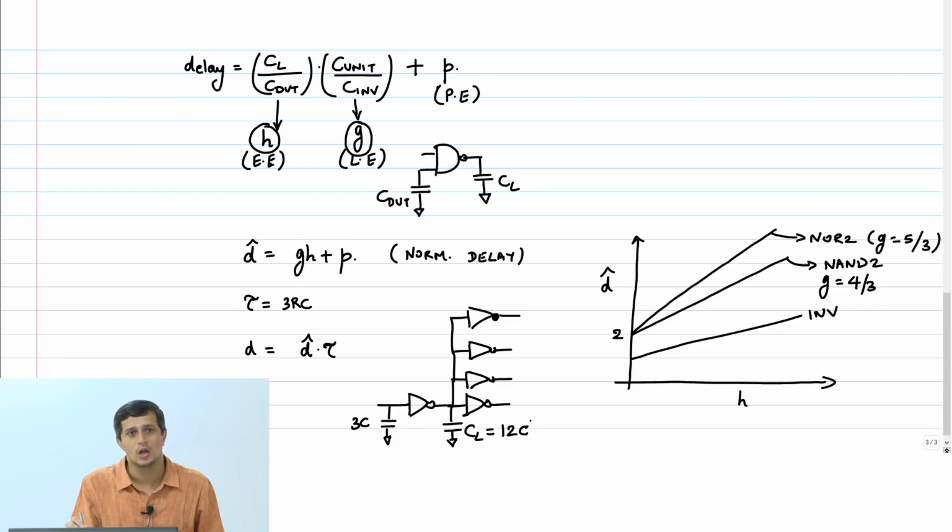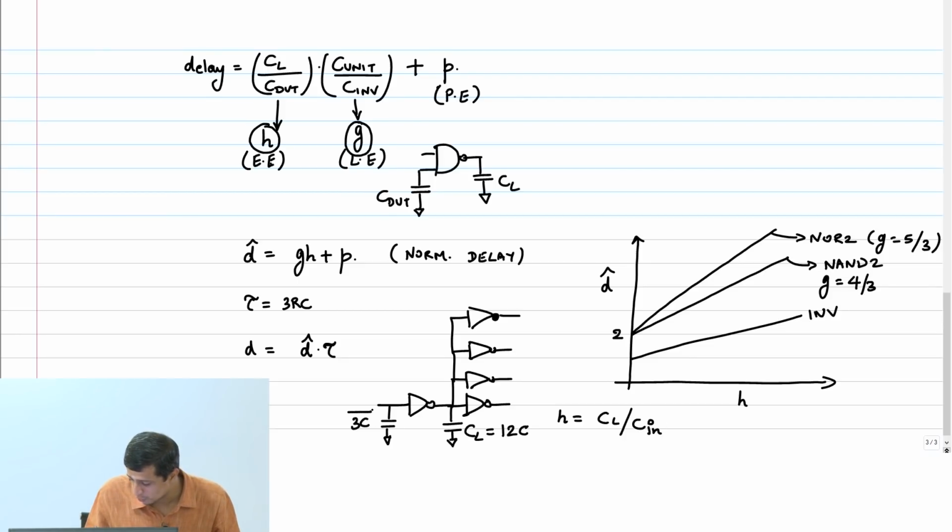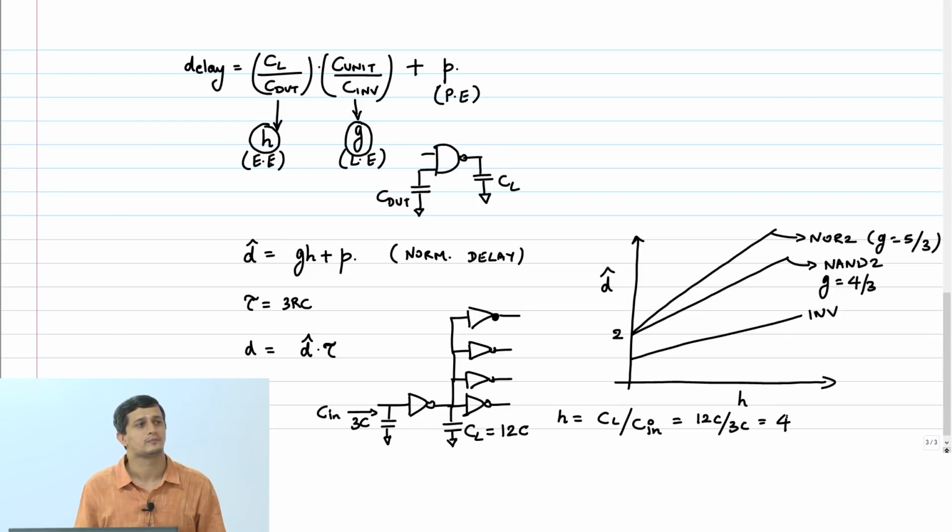Right? Because all are identical inverters. Therefore, my H is going to be what? Output capacitance, C load divided by C input. Whatever input capacitance you are going to see here. This is C in, and that is 3C. So you can write this as 12C by 3C equals 4.